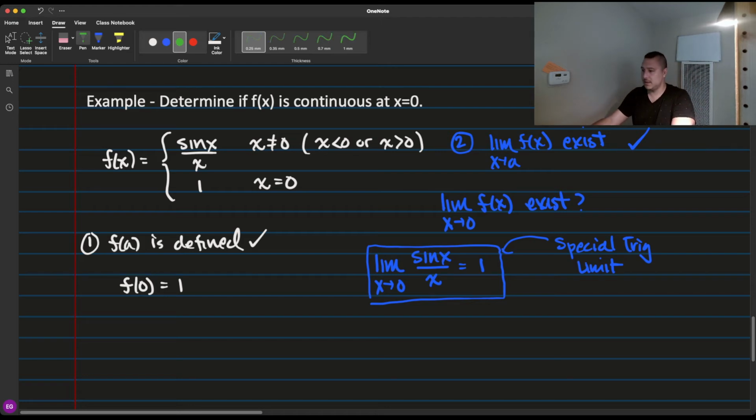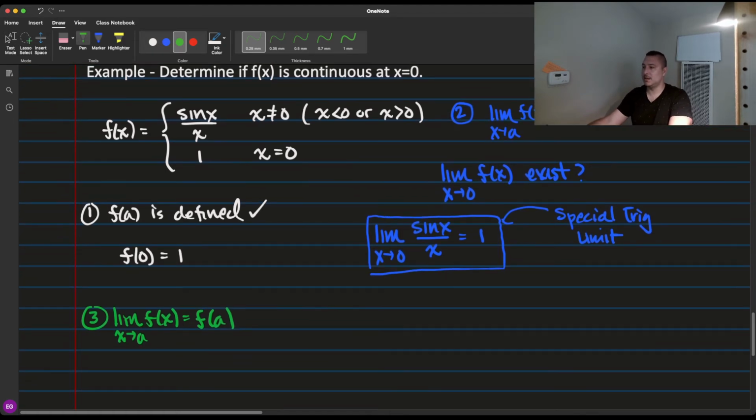Okay, now what's criteria 3? Criteria 3 is that the limit as x approaches a of f of x equals f of a. Well, is that the case? The limit was equal to 1, and what was f of 0 equal to? Also 1. They're equal to each other.